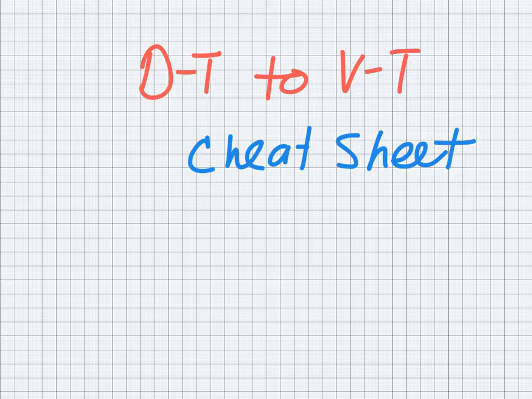Let's say that you have a graph that looks something like this on our distance time, a curve going up like that. That means acceleration. The object is accelerating to the right. On your velocity time graph, you're not going to draw a curve going up.